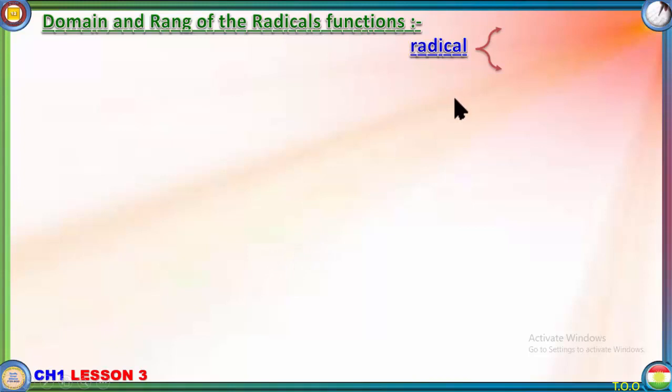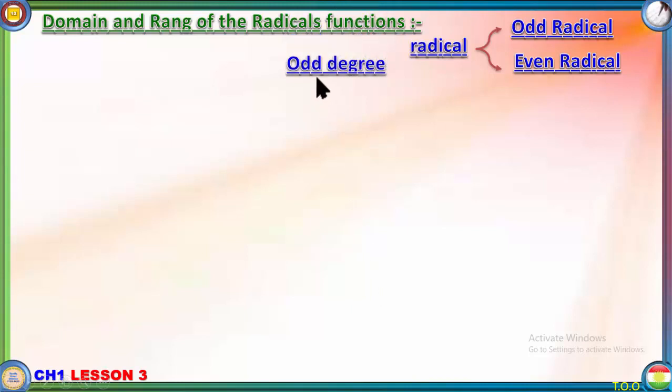The first one, odd radical, which its degree is odd, and even radical, which its degree is even. Odd degree, we will classify them in two types.